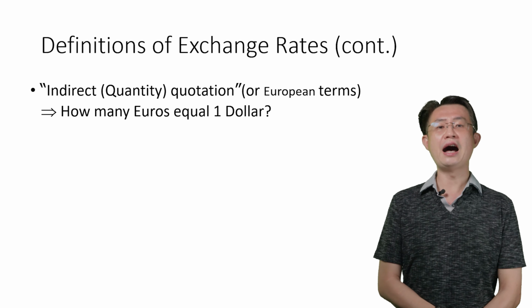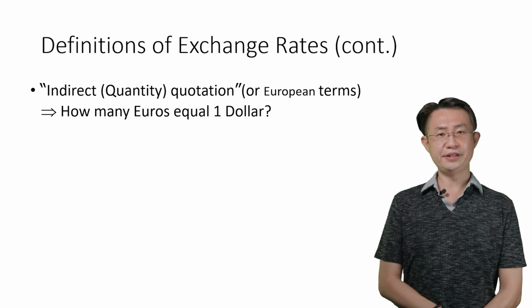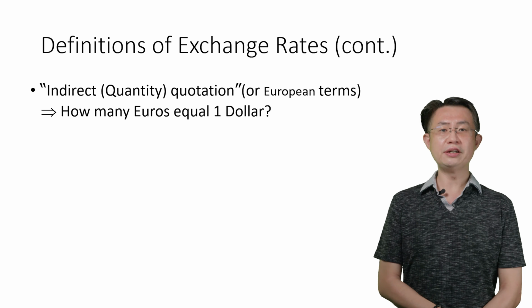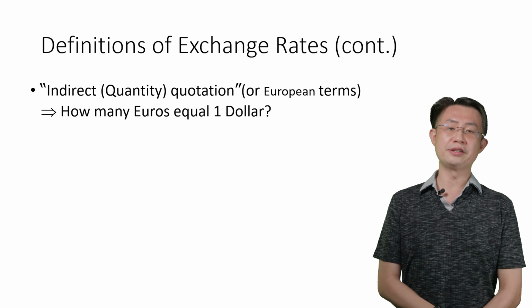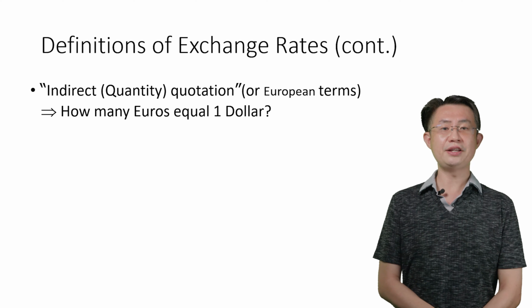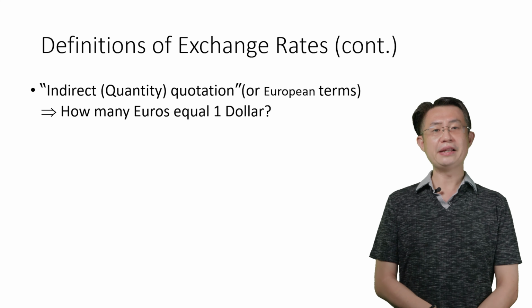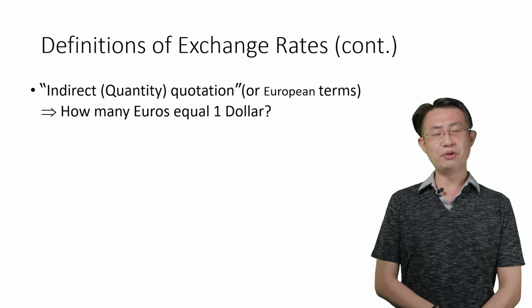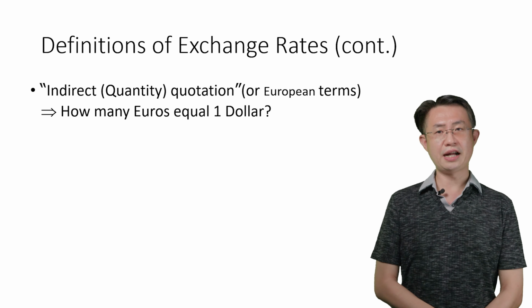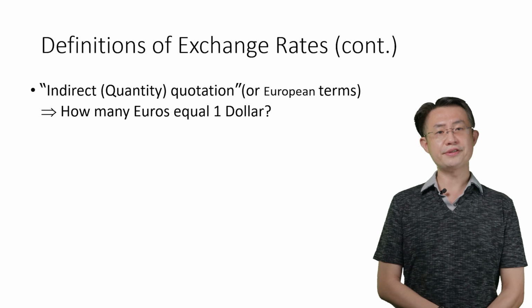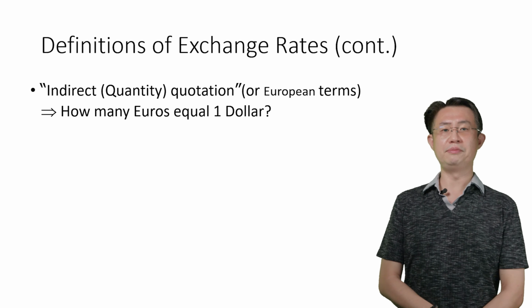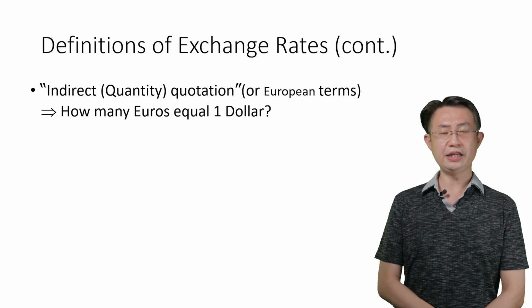The major currencies are the Euro and the US dollar. As we know, in Eurozone countries, people who live in these countries use the Euro, right? But in the US, Americans will use the US dollar, right? So here we consider two major currencies in the world, okay?